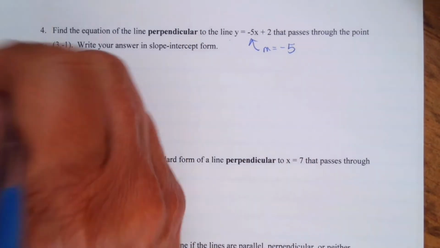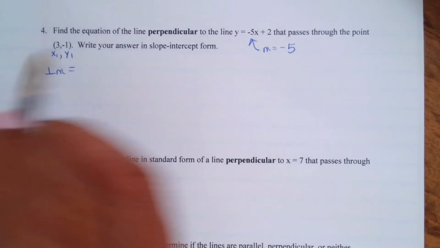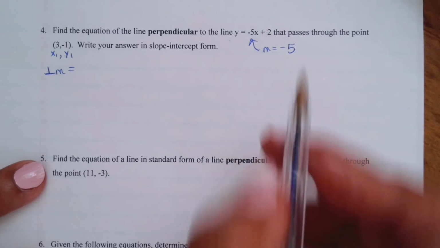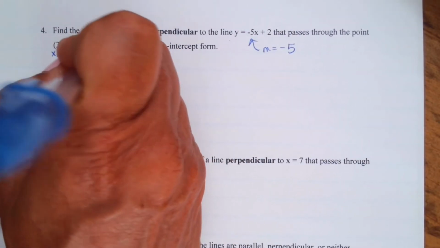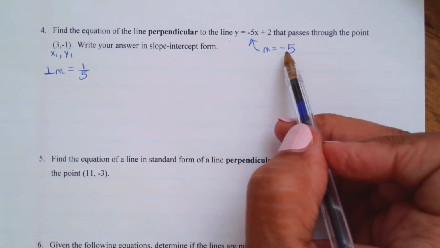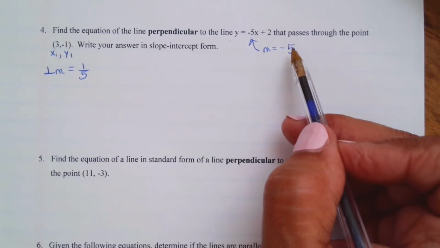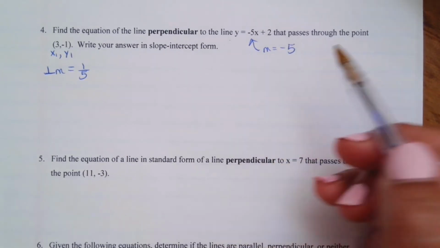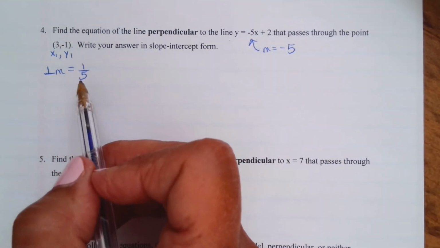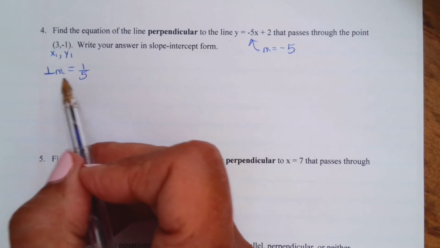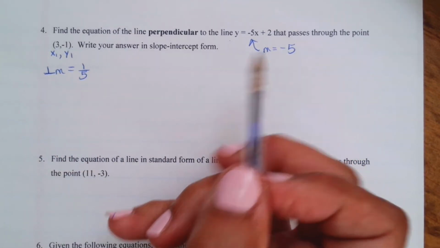So the perpendicular slope to negative 5 would be a positive 1/5. Okay, remember, the sign is going to be opposite, and you're going to make this a reciprocal, so this is 5 over 1. So that means your slope would be 1 over 5. Okay, so this line is perpendicular slope to this line.